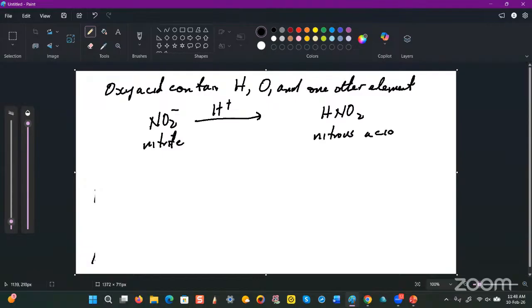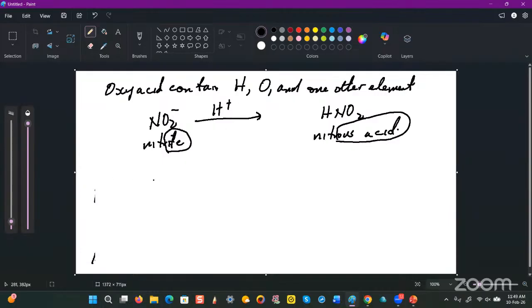So the name of the acid is derived from the name of the anion from which it is formed. In this case, we replace the ITE ending with OUS acid to get the name of the corresponding acid. So nitrite ion becomes nitrous acid when you add H plus.